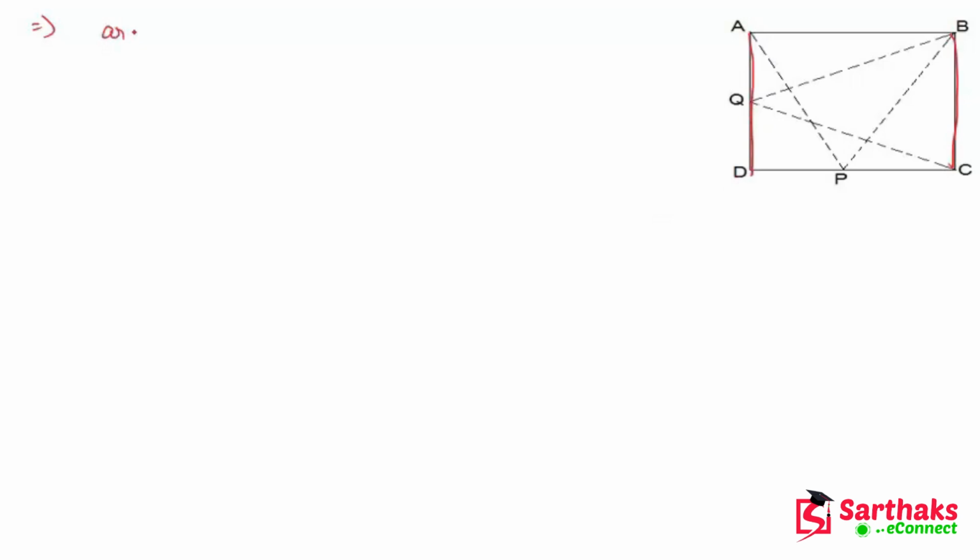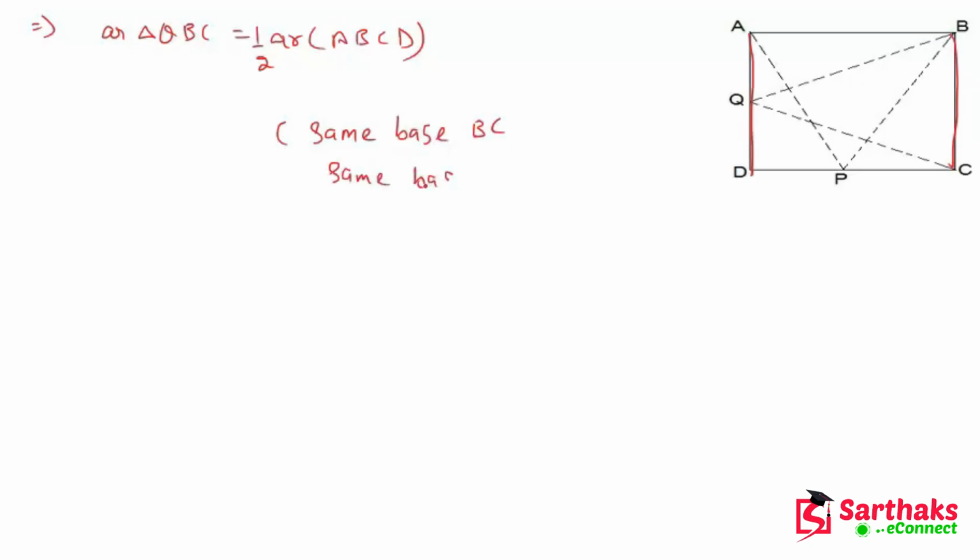So again we can write area of triangle QBC is equal to half of the area of parallelogram ABCD. The same base is BC, and the same parallels are AD and BC. I hope you get this point.